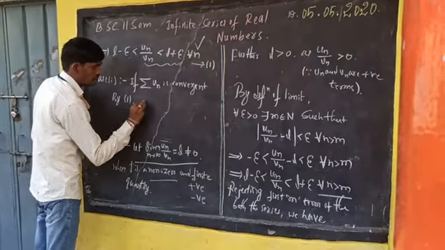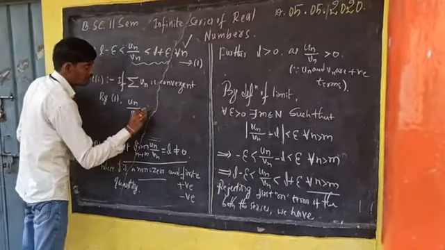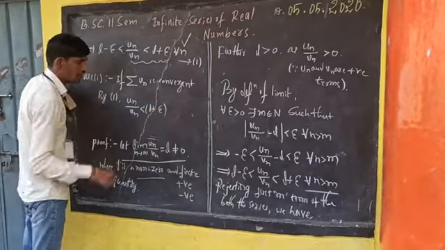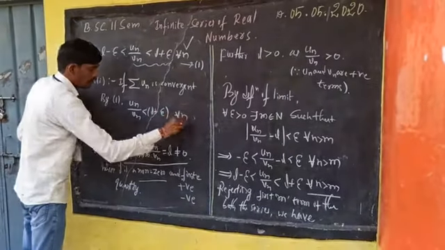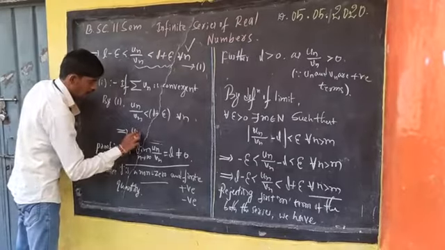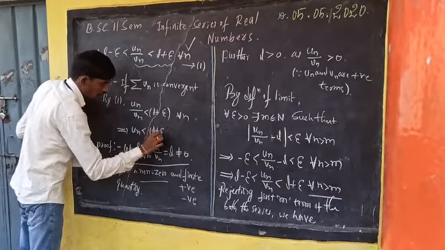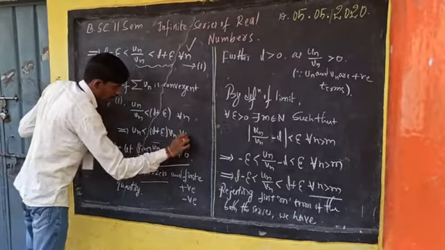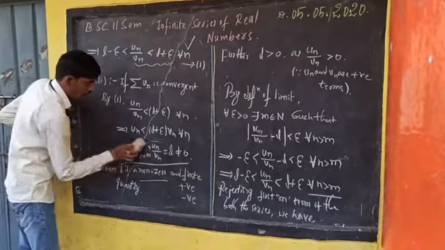It means un by vn is less than L plus epsilon for all n, which implies un is less than L plus epsilon into vn for all n.